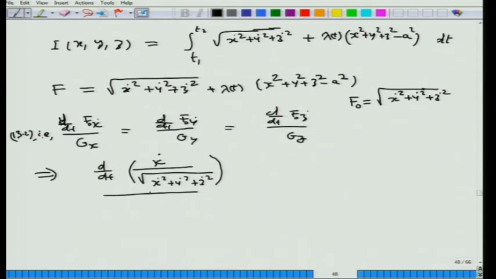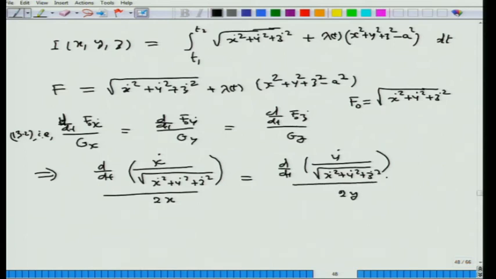So, we get 2x and then d by dt of y dot over square root x dot square plus y dot square plus z dot square over gy, which means 2y, and this is equal to d by dt of z dot over square root x dot square plus y dot square plus z dot square over 2z.